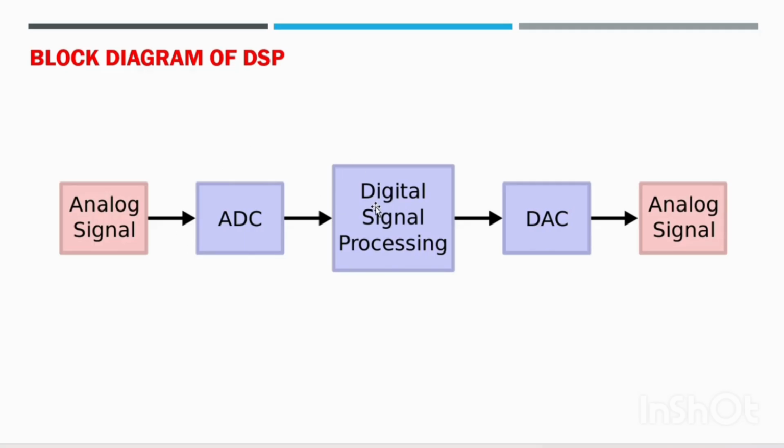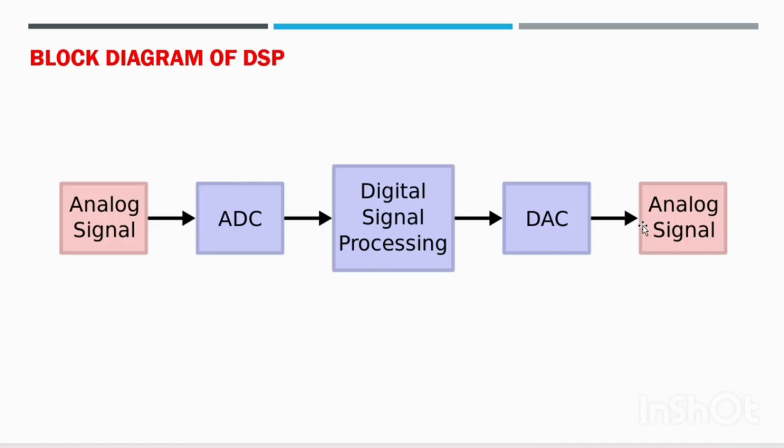These numbers are then sent to the heart of the system, that is nothing but the digital signal processor. This is where the work takes place, like what we discussed earlier: filtering, noise removal, enhancement, compressing, expanding, and so on. All the processing of the signal takes place inside this block. After the processing, if we need the output back in analog form, we send it to the DAC, that is digital to analog converter, where the processed numbers are converted into a smooth analog signal which is continuous in nature.